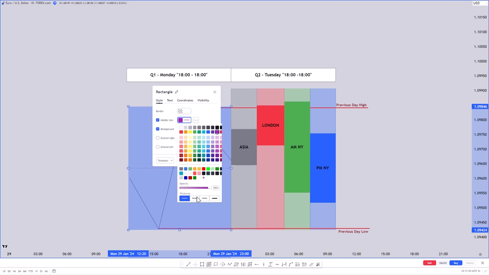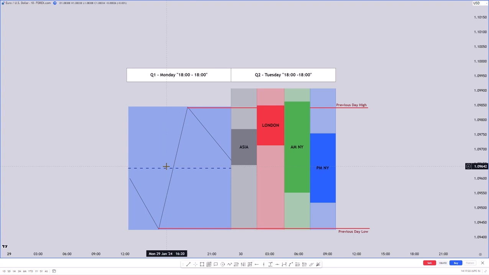But the sweetest point would be us looking to trade either the London or the AM New York session, right? So initially, when you're looking to trade London, you want London to begin the distribution range, meaning that therefore Q3 is gonna be a continuation lower, right?